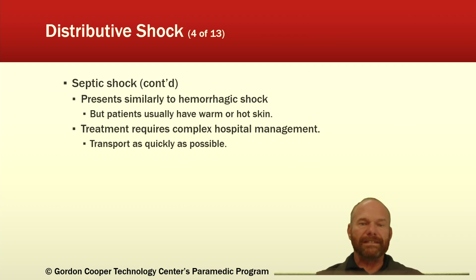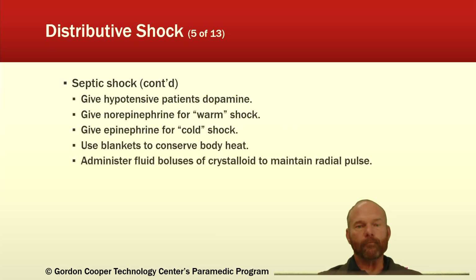But the way that we treat these, treatment requires complex hospital management. Obviously, our transport protocol is going to get them to the right place, obviously, again, at the right time. O2, ventilatory support if needed. So hypotensive patients, we want to administer dopamine to maintain blood pressure and renal perfusion. Now, warm shock management, so if the patient remains in warm shock, you give norepi to help stabilize the blood pressure, and then we have a cold shock management.